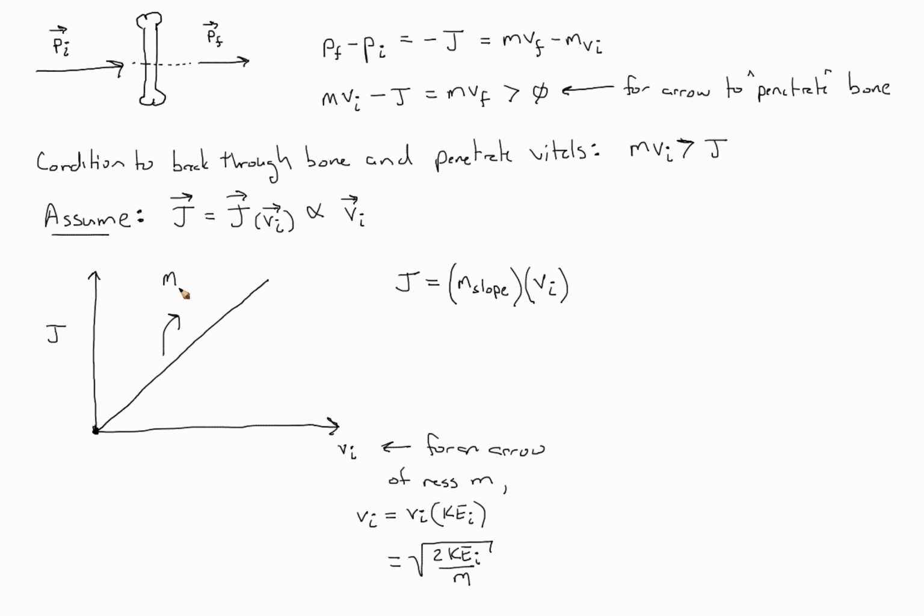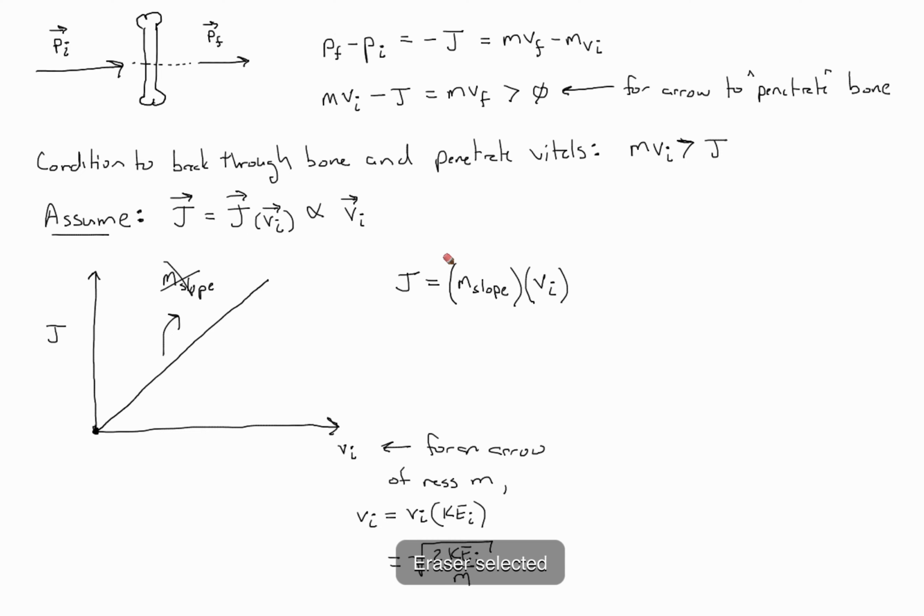We typically give the symbol m for slope in mathematics, but we're already using m for the mass of the arrow, so I don't want to use that for the slope. We're going to call it something different. But what we would say is that the impulse is equal to the slope times the x value here, which in this case is the impact velocity.